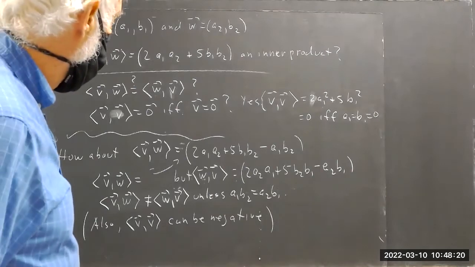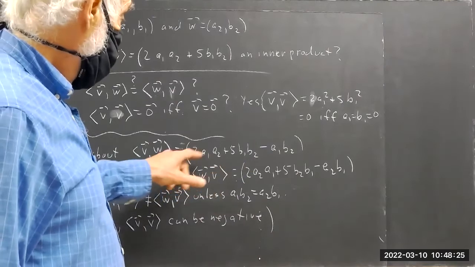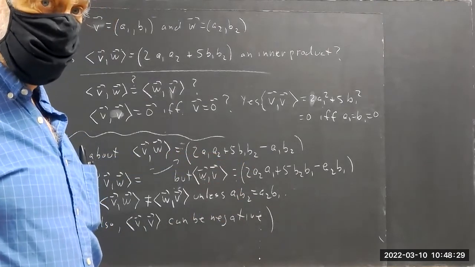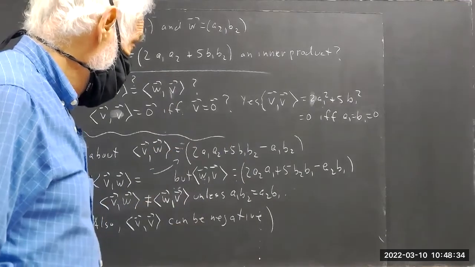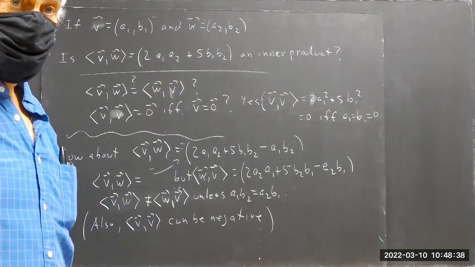Okay. Also, with A1, B2 is much bigger than A1, A2, or B1, B2. Think about how that could happen. Your book gives at least one example. So this can be negative, and that's not good.